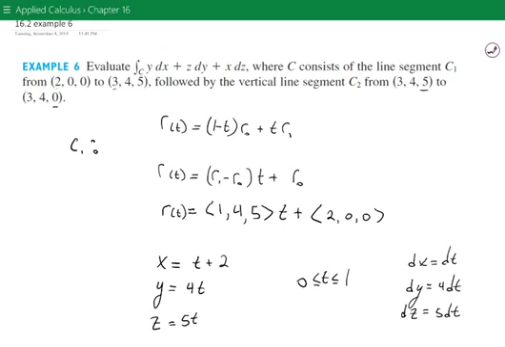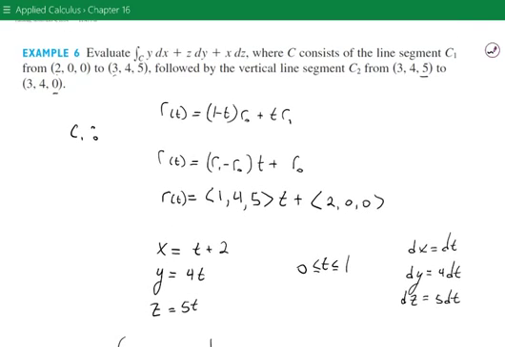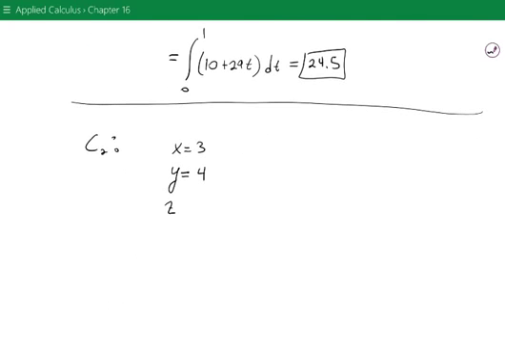We're going from 5 to 0, so it would be 0 minus 5, and our initial point is 5. So we'll have z is changing by a value of negative 5t. Our initial point is 5. And so we're going to get that dx is equal to 0, dy is equal to 0, dz is equal to negative 5 dt.